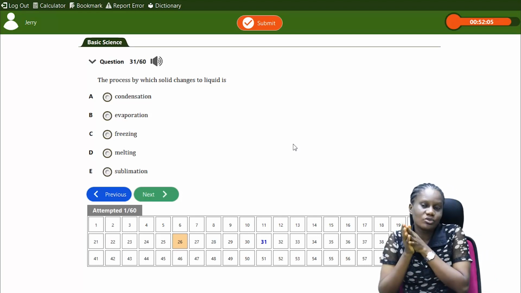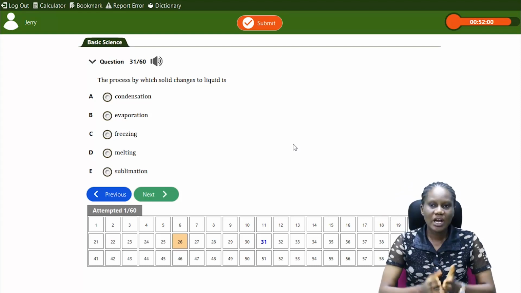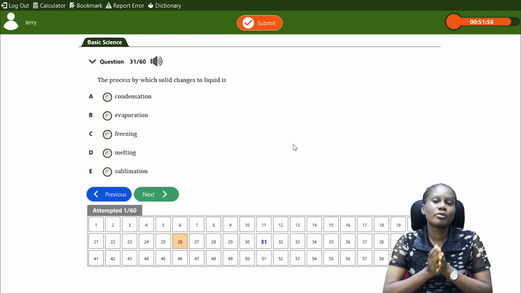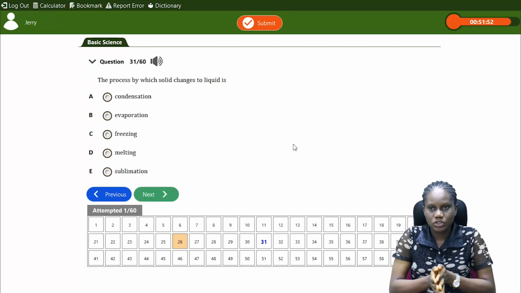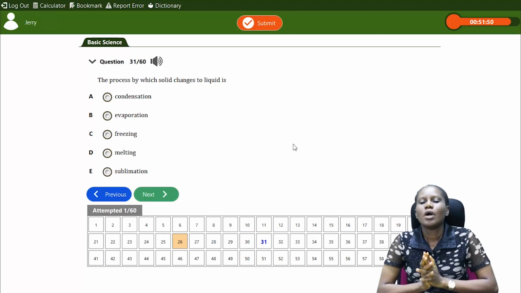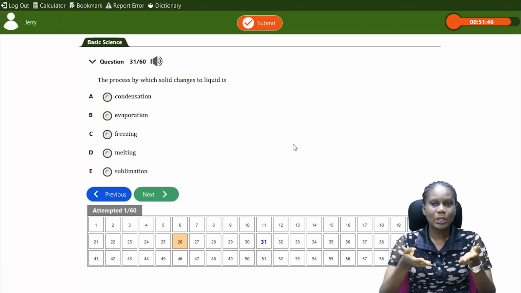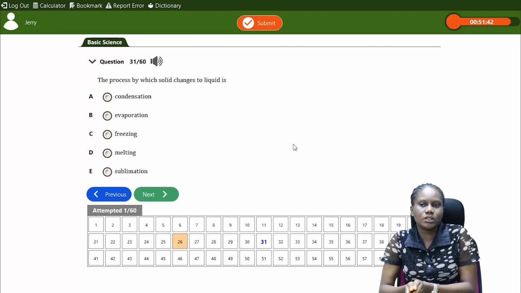Condensation is when you're converting your gas to liquid. Evaporation cannot be the answer because you have evaporation when you're converting your liquid to gas. I talked about vaporization, yes, from your liquid to gas. Freezing cannot be the answer, because freezing occurs when you have your liquid to solid.